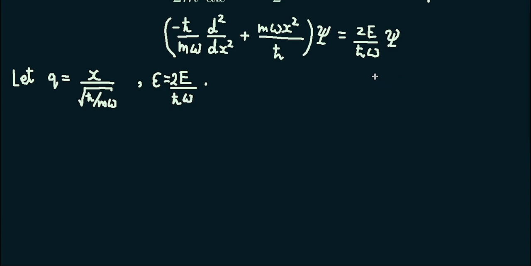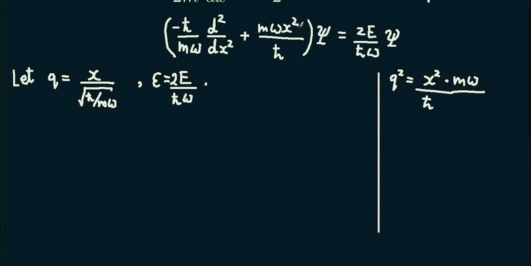So we can just check that quickly. If we try to figure out q squared, it would be x squared over h bar into m omega, which is nothing but this term over here.